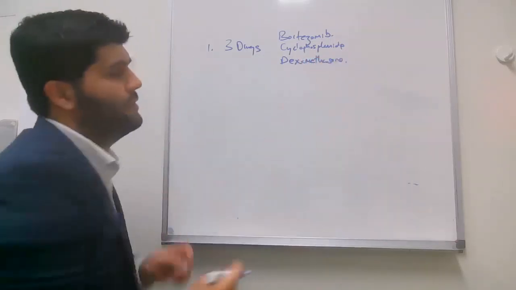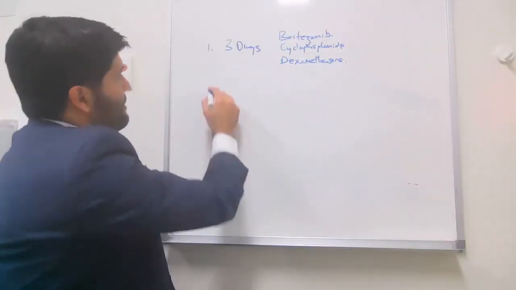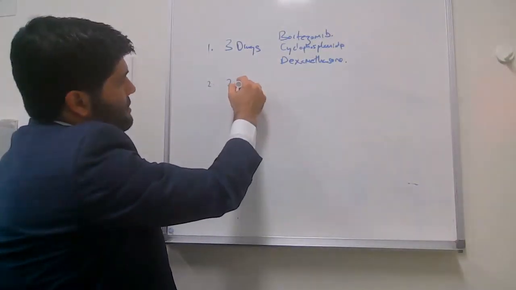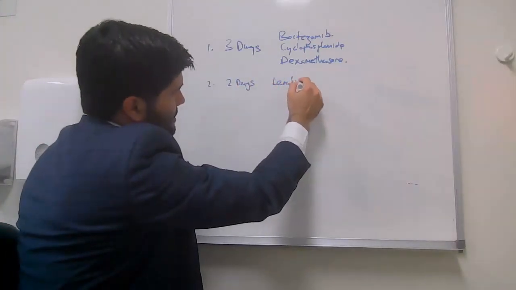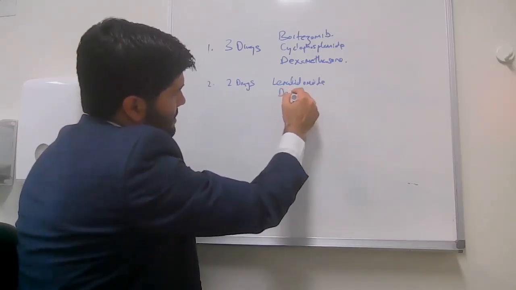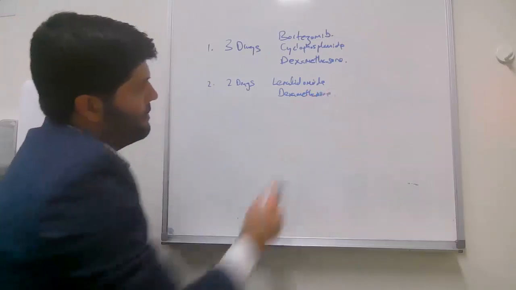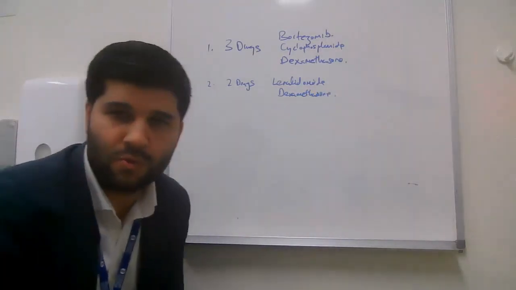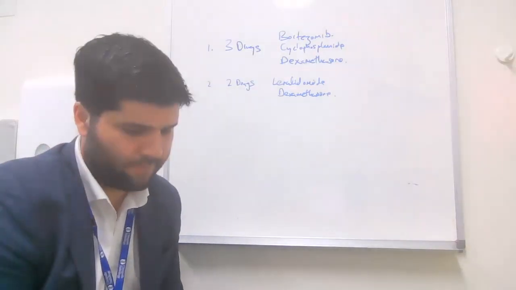Some of you may have heard the term cyborg used to describe this, or VCD. And the second one is a combination of 2 drugs, and that is lenalidomide and dexamethasone. These are the common regimens that are used to treat multiple myeloma for people who are newly diagnosed.